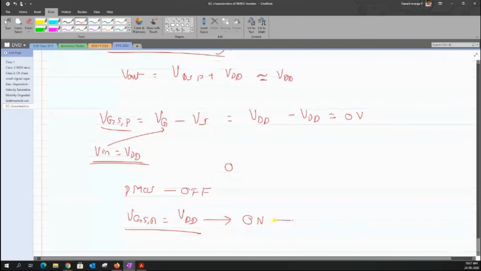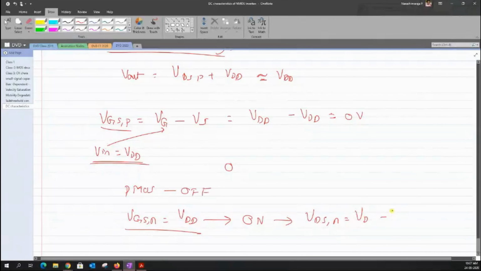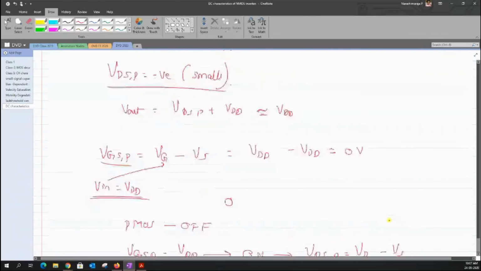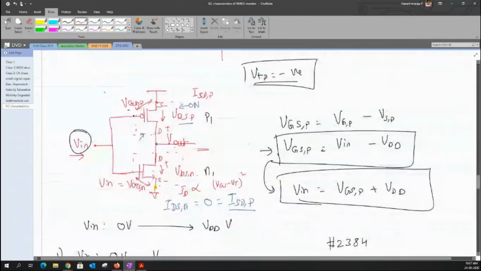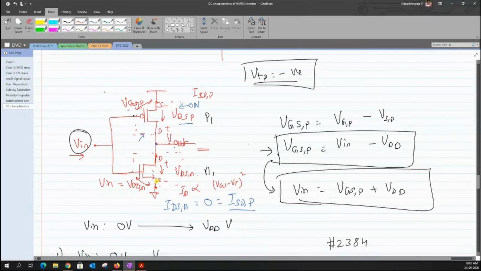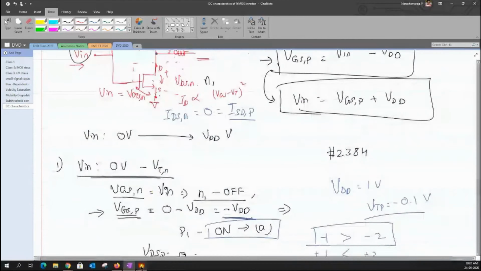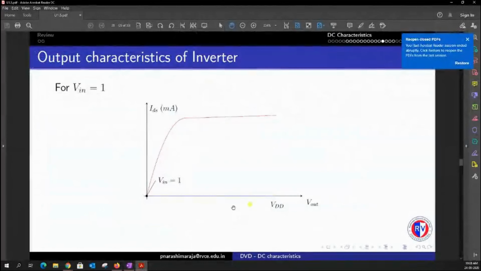So what should be the value of its VDSN such that it doesn't conduct any current? 0. Yes, because the source node of our NMOS transistor is connected to ground. Whatever voltage I have here has to be applied here, such that there is no potential difference between the source and the drain, and the current becomes 0 even though the transistor is on. I think I've taken more time. So this is the condition that we have.